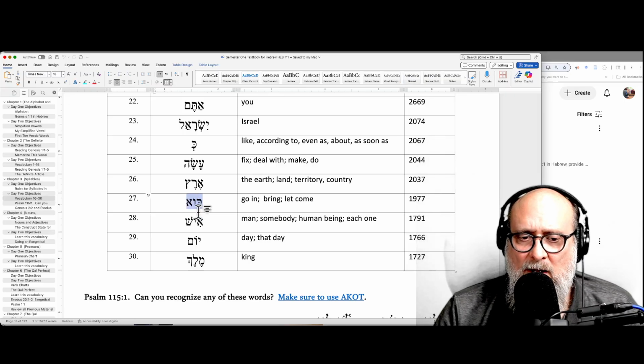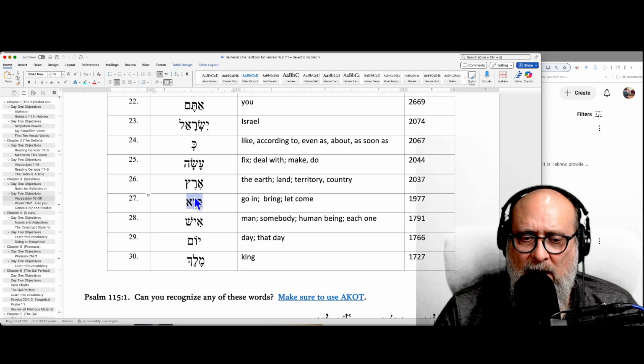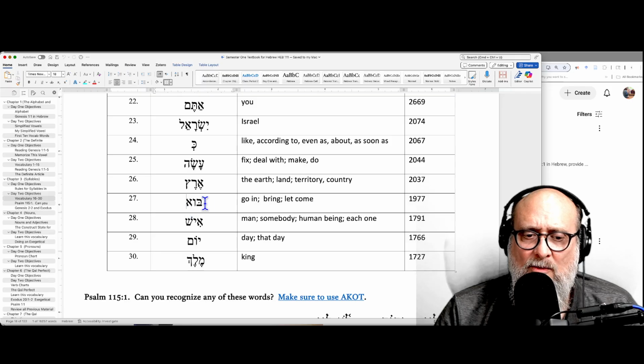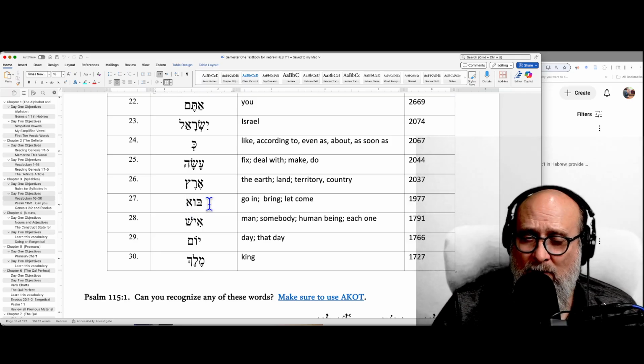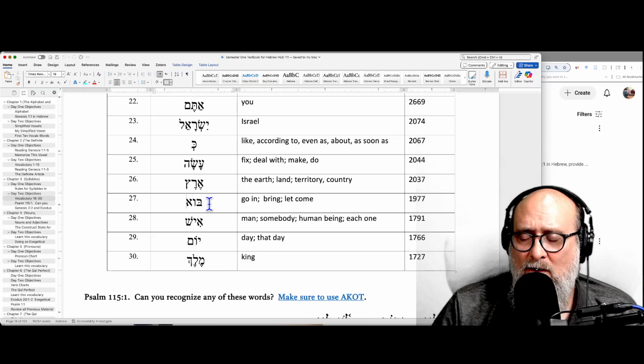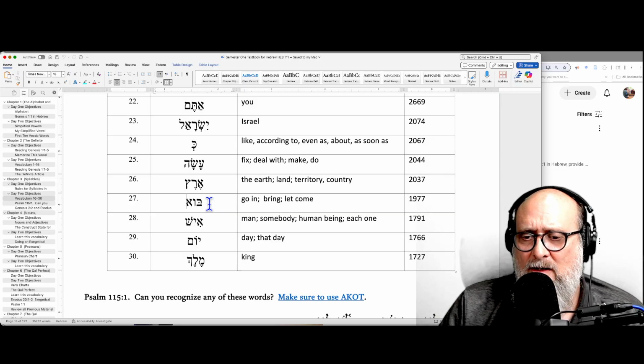It's usually going to have a holam here. For some reason, when Logos lists verbs, they don't point the verbs. So some of the lexica don't do that either. It's kind of how you know something is a verb. They don't vocalize it.